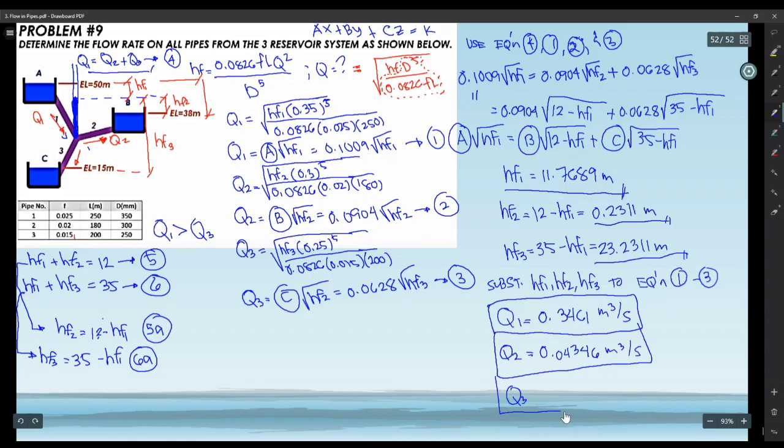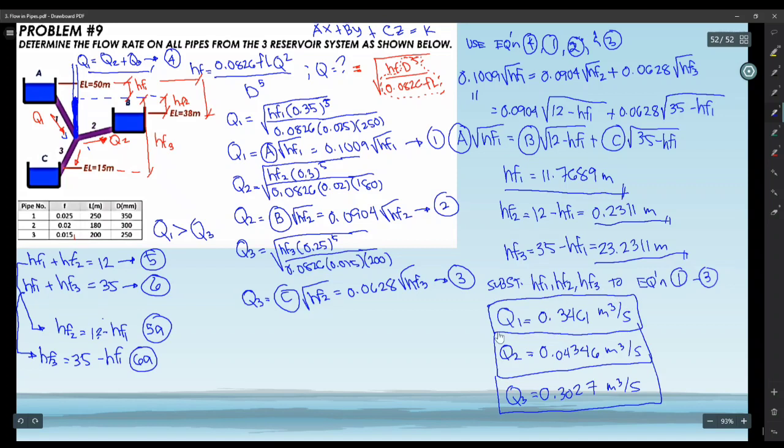And yung Q3 natin, that is equals lang sa Charlie times the square root of HF3 or 23.2311. So that is 0.3027 cubic meter per second. So nasa inyo if gusto niyo pa siyang i-convert sa liter per second, pero ito, this will do na as your final answer.